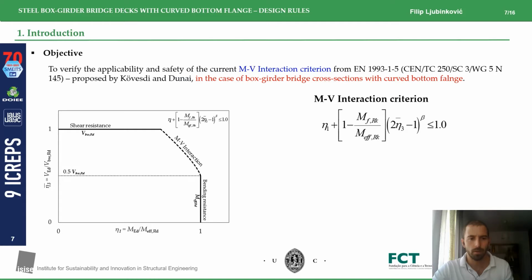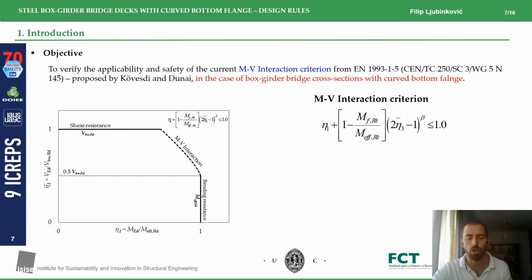More specifically, the objective of this presentation is to show how we verify the applicability of the M-V interaction criterion that already exists in the new version of the Eurocode. This criterion is already used for trapezoidal box girders.